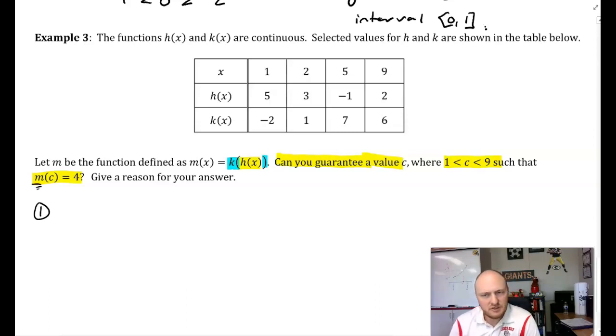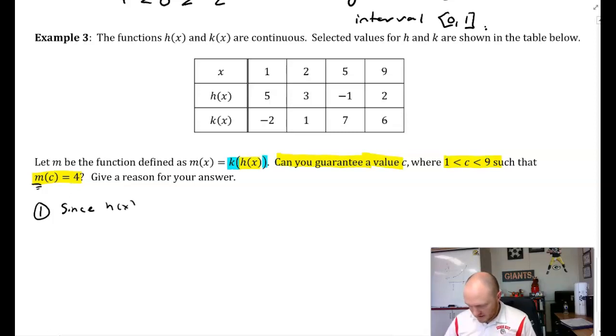Well, you may have not learned this, but functions that are continuous, such as h and k, if I have a composition of them, if they're both continuous, then the composition is also continuous, okay? And I'll just go ahead and write that here. This is more for you.